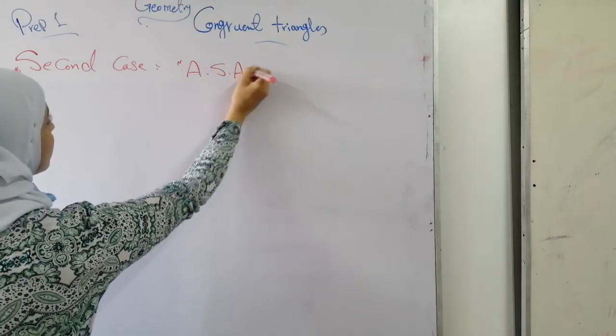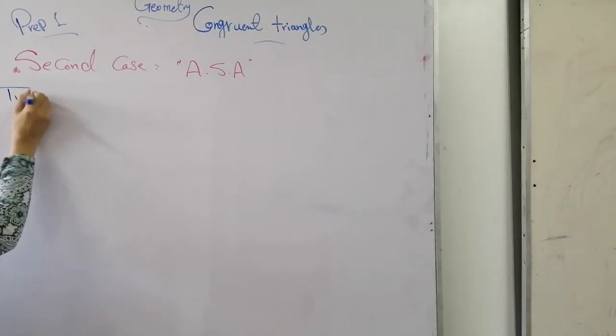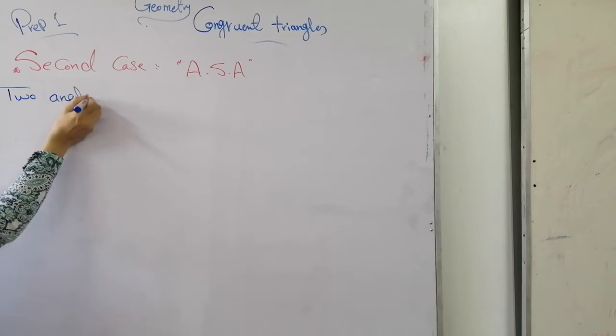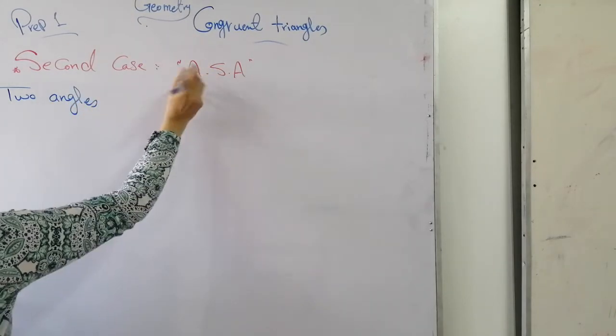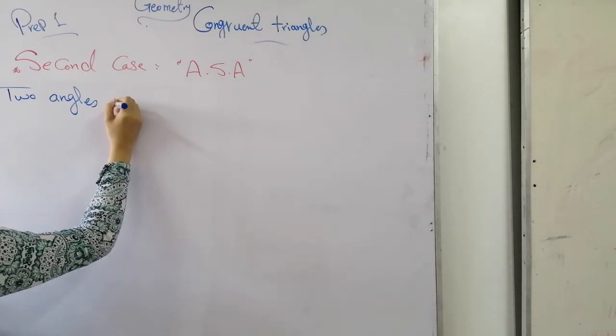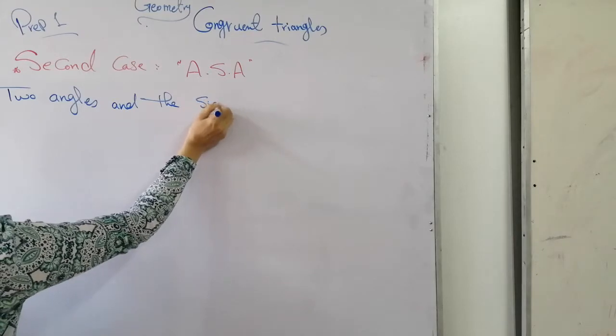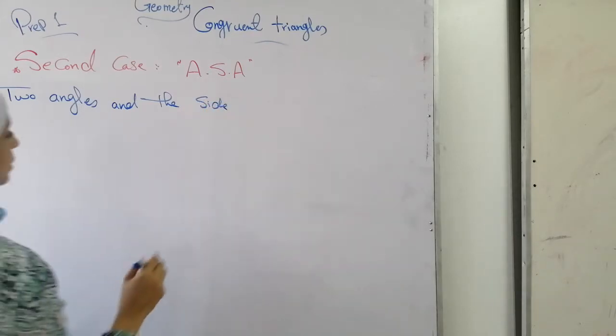From its name, angle side angle, it means two angles and the included side, the side that connects between their vertices.